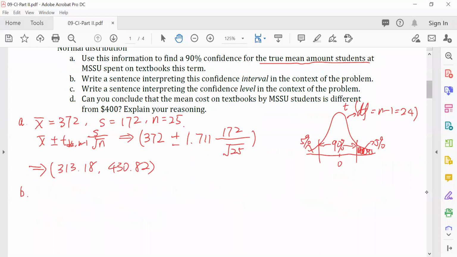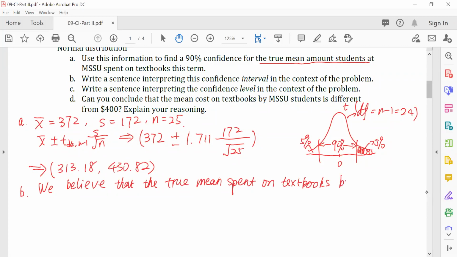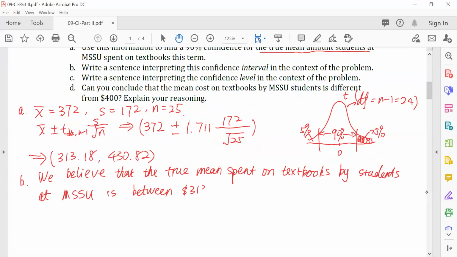So what we should tell our grandma, grandpa is we believe that the true mean spent on textbooks by students at this MSSU is between the lower bound and the upper bound.